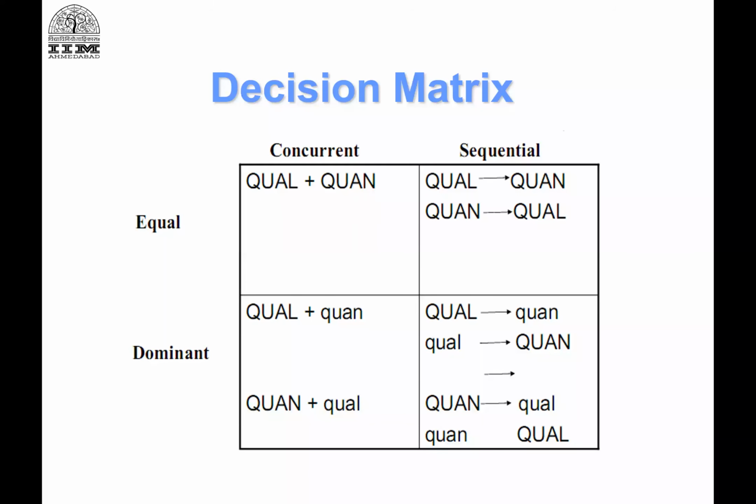See, let me give you an example. Let's say you are doing a study of individual performance, individual level variables, right? So first, let's say you want to test the role of motivation on performance of individuals.